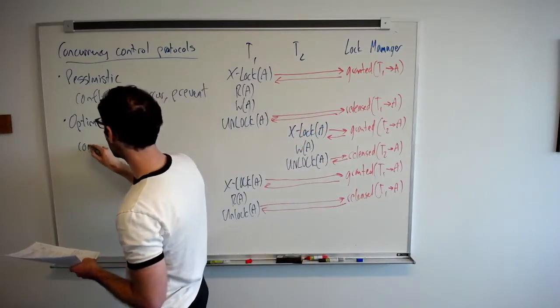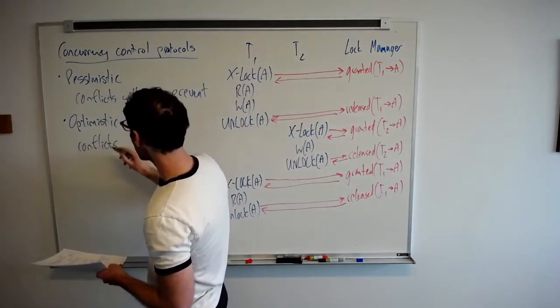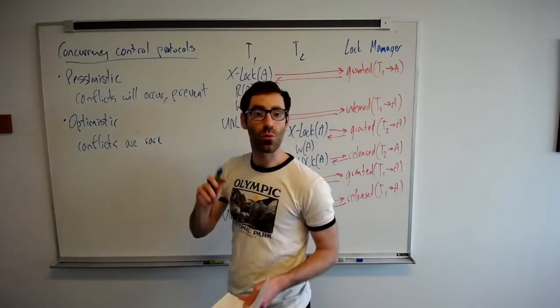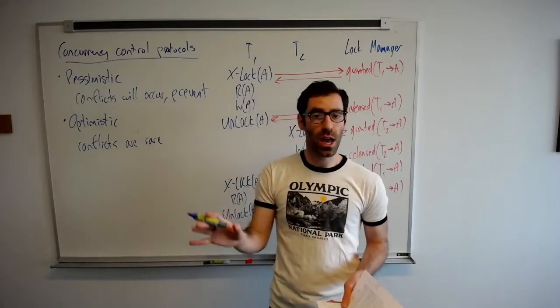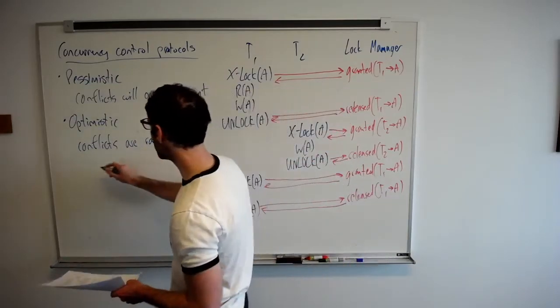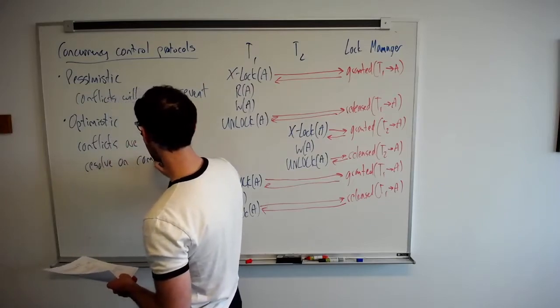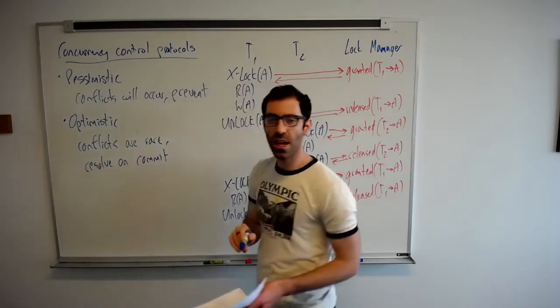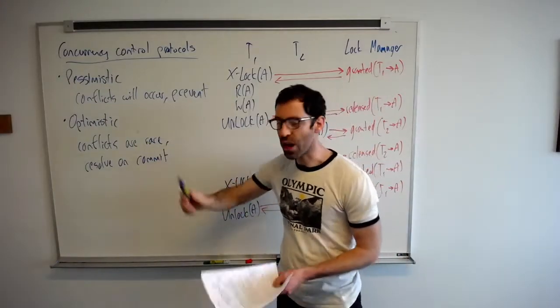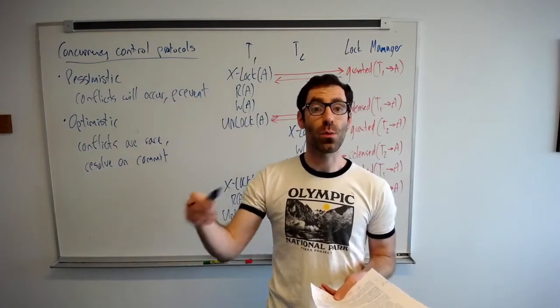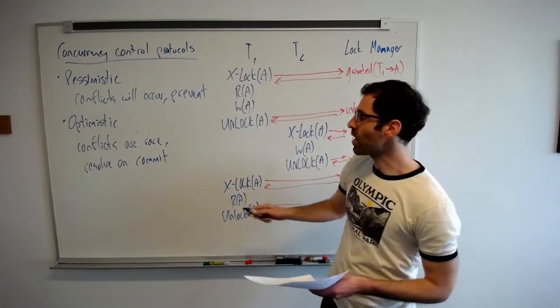Optimistic says, you know what, let's look on the bright side and assume conflicts are rare, so we're not going to do extra work ahead of time to prevent them. We're just going to, when a transaction commits, check: were there conflicts? And if at that time we find that there were conflicts, we'll resolve the conflicts there.